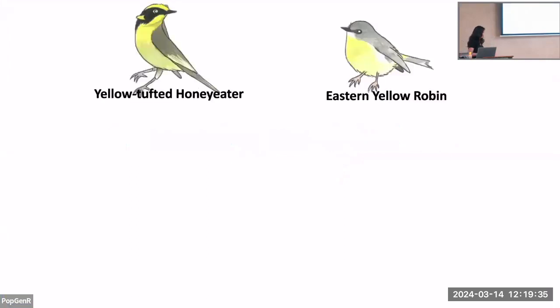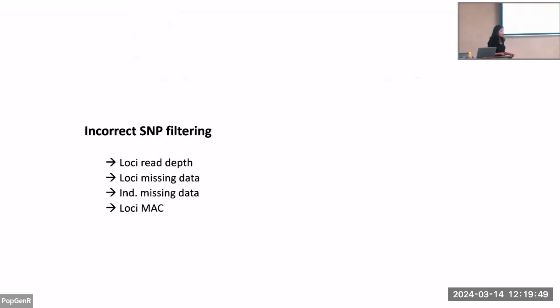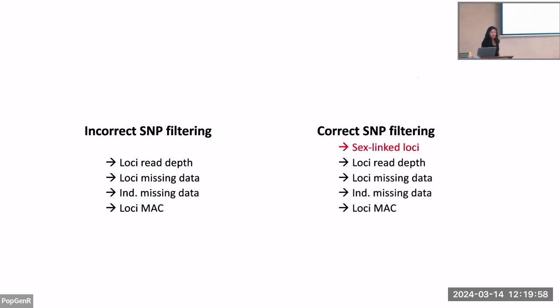Well, we tested this, and the paper is already published. We actually used three datasets, but I will tell you about two datasets of two beloved Australian birds: the yellow-tufted honeyeater and the eastern yellow robin. For each dataset, we applied two filtering regimes. One incorrect filtering regime, in which we only applied standard filters, and one correct filtering regime, in which we filter out sex-linked loci first.